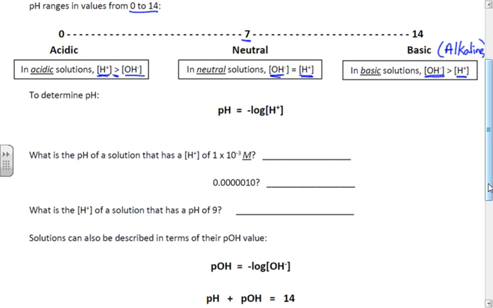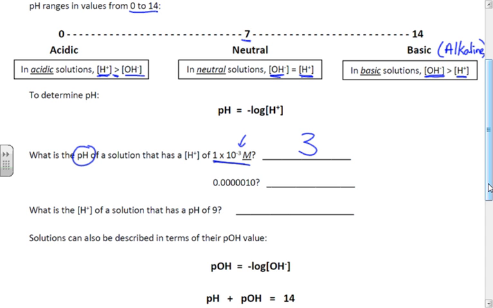Now, for what we're working with, we're only going to have hydrogen ion concentrations that are reported in this manner: 1 times 10 to the something power. And a short way of finding the pH when you're given that hydrogen ion concentration is take that exponent, remove the negative sign, and that is the pH. That's what would happen if you took the negative log of that number.